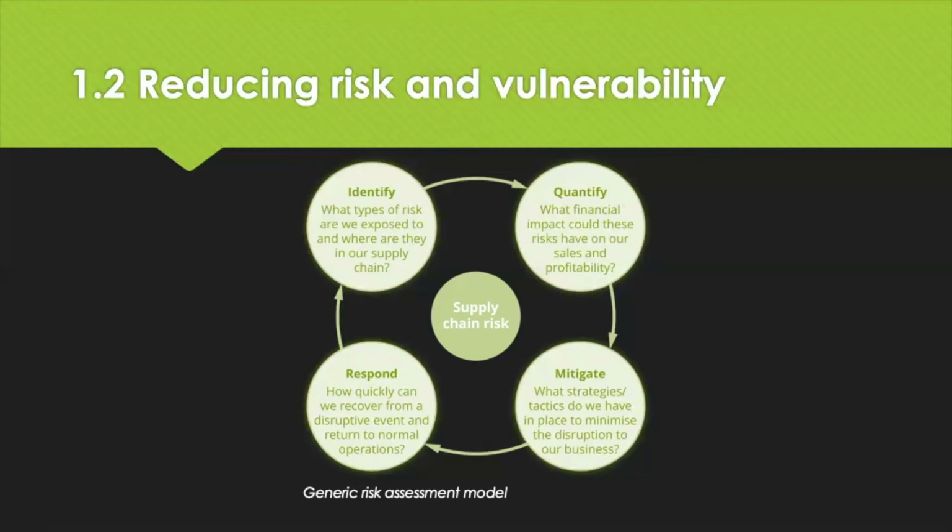Step 3 is to respond by putting in place a mitigation action: tolerate, treat, terminate, transfer. And the final step is to respond, to mitigate the response time, reduce and introduce test business continuity plans.